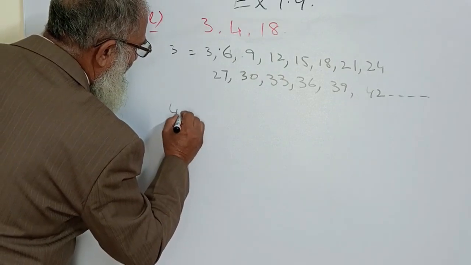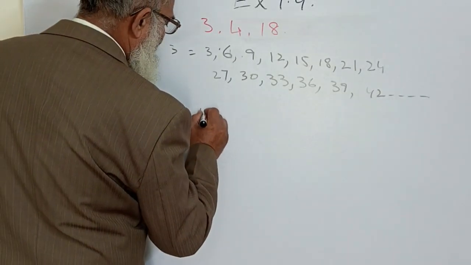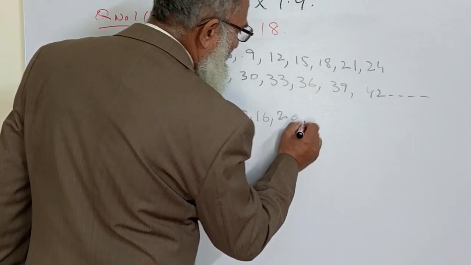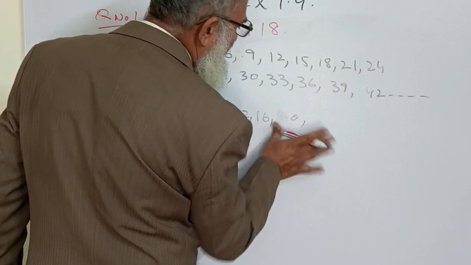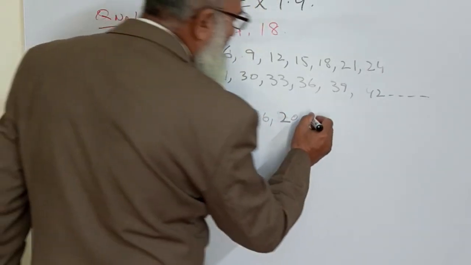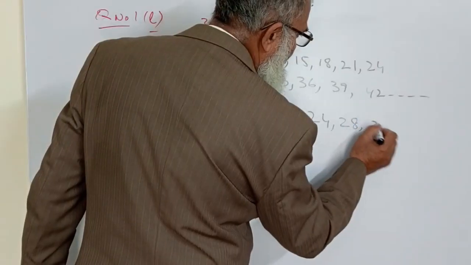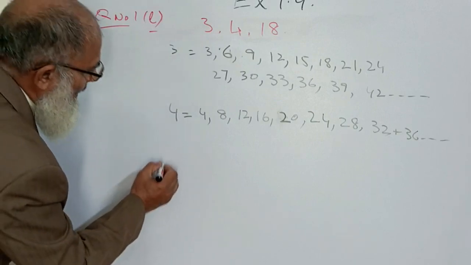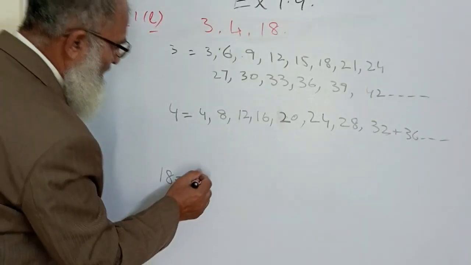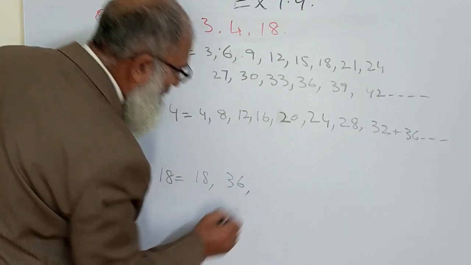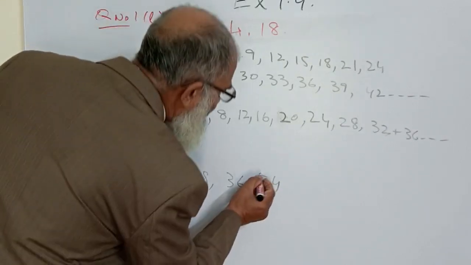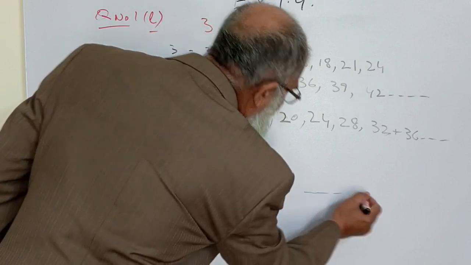For 4 we get here 4, 8, 12, 16, 20, 24, 28, 32, 36 and so on. Then 18: 18, 36, 54 and so on and so forth.